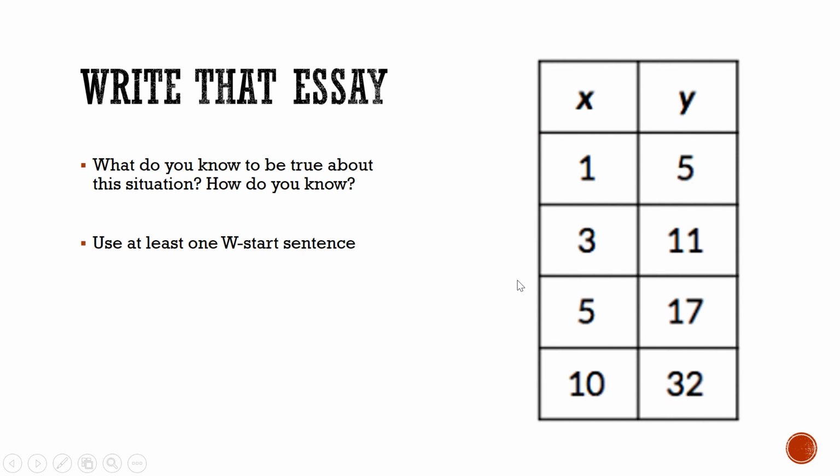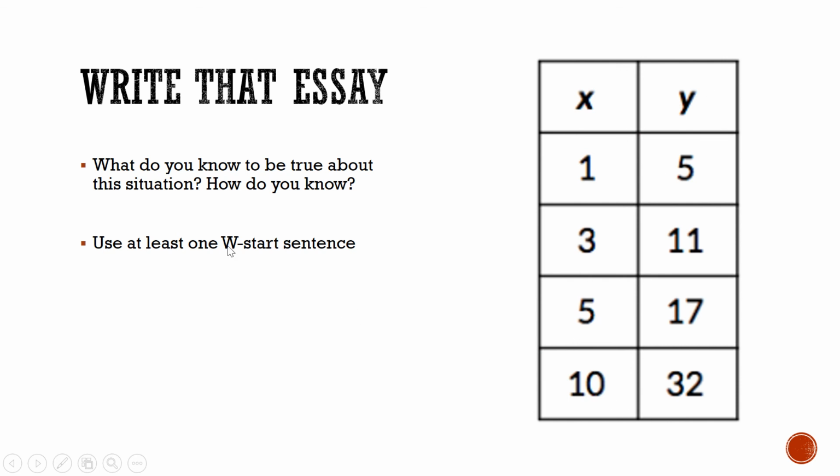Okay. So each of these lessons, I'm going to be asking you to do a write that essay task. So if you just pause the video and have a go at writing this in either your book or your Word document. So you have X values and Y values, and I want you to write what do you know to be true about this situation, and how do you know that? Okay, so I want you to have a go at that.